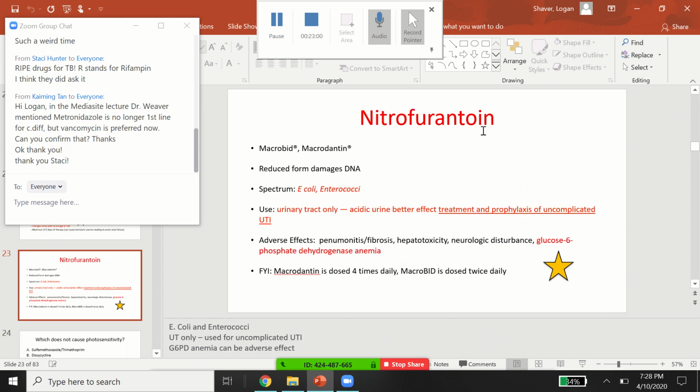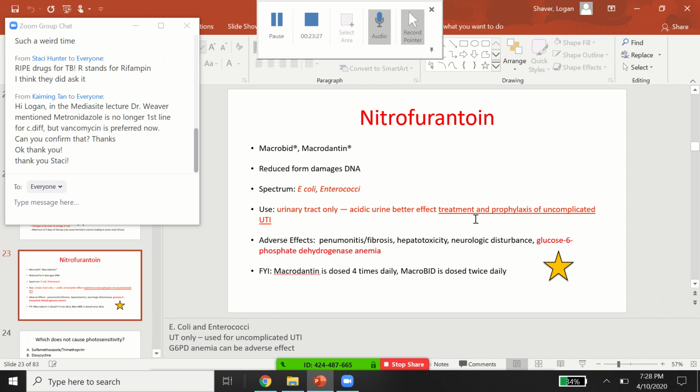Then nitrofurantoin. The spectrum for that drug is E. coli or enterococci, and it's used for urinary tract infections only. Acidic urine gives a better effect, and it's used for treatment and prophylaxis of uncomplicated UTI.